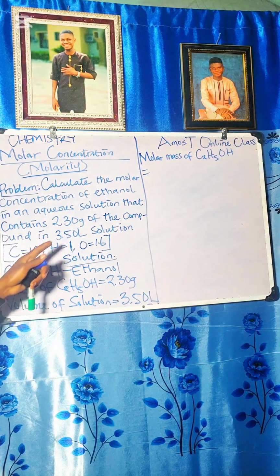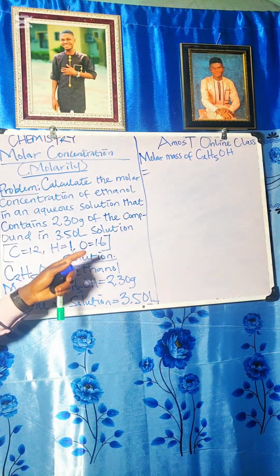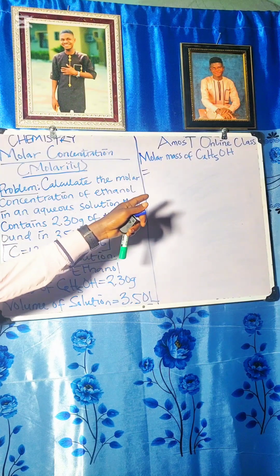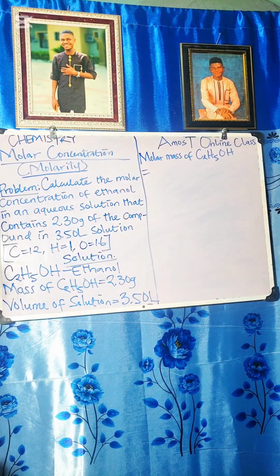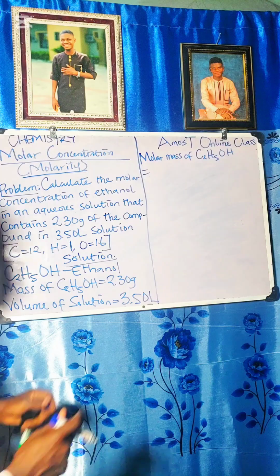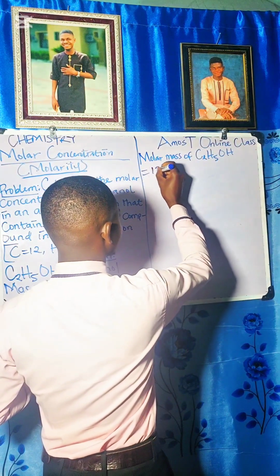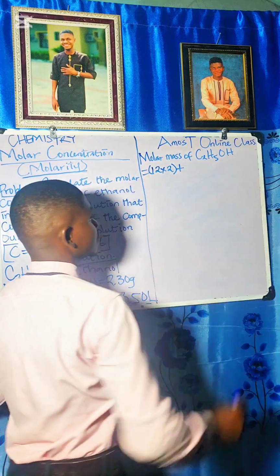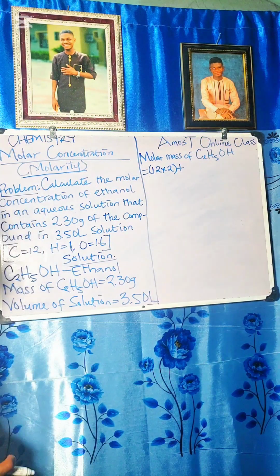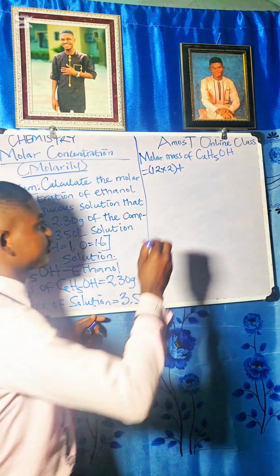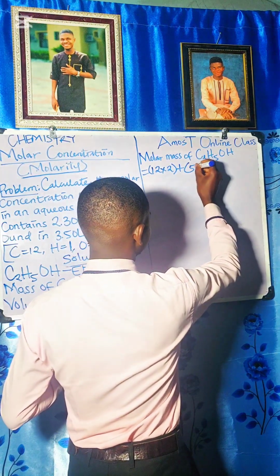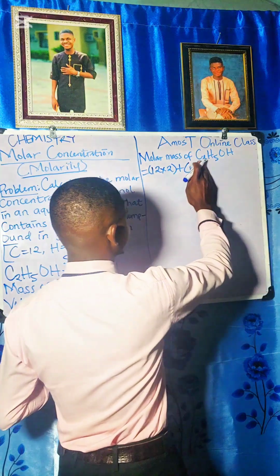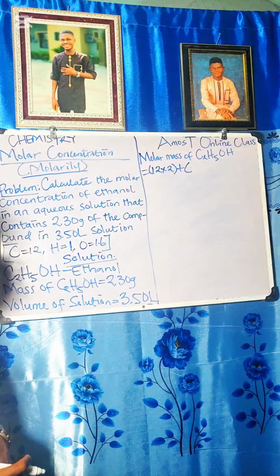Now, for carbon, the molar mass of carbon is 12. But we have 2 atoms of carbon in ethanol, so we're going to say 12 times 2. The molar mass of hydrogen is 1. We have 5 atoms of hydrogen, so we're going to say 1 times 5.